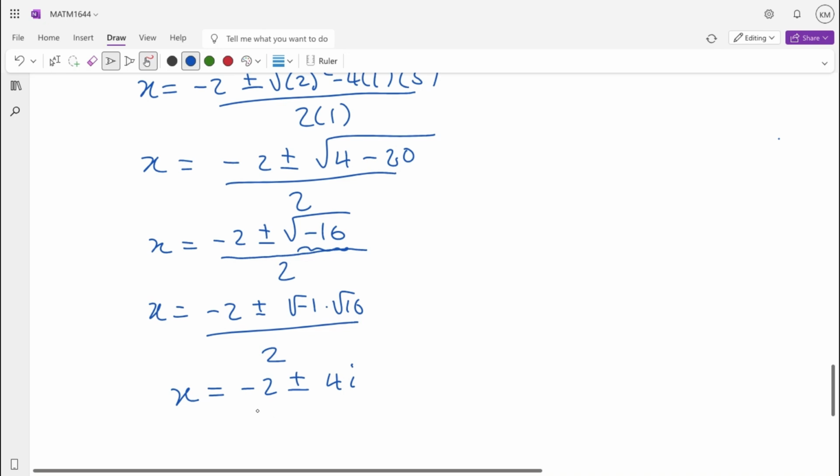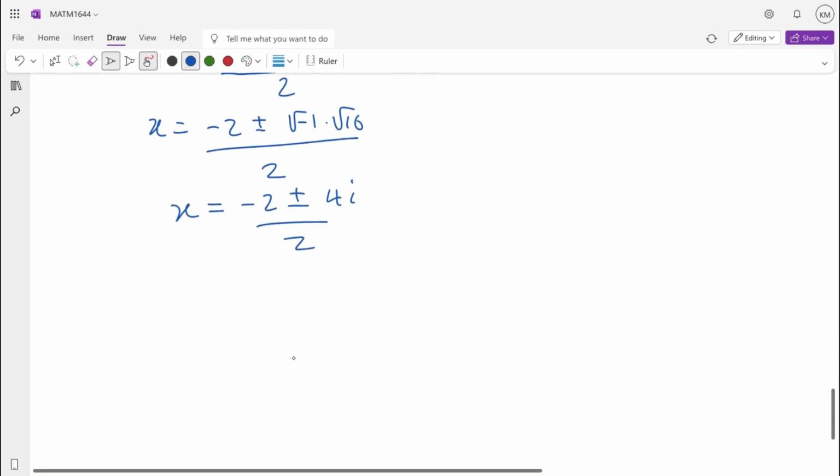So we're going to have 4i divided by 2. Now it's high time you divide each term by 2. So x equals minus 1 plus or minus 2i. Then we have our solutions: x equals minus 1 plus 2i, or x equals minus 1 minus 2i.